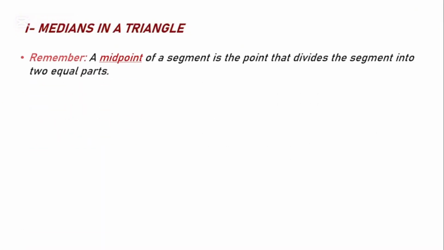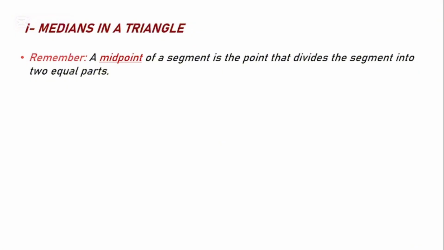Let's start with the first one, medians in a triangle. But before, let's ask Jad al-Sayyah, what is the meaning of midpoint? Excellent. So a midpoint of a segment is the point that cuts the segment into 2 equal parts.